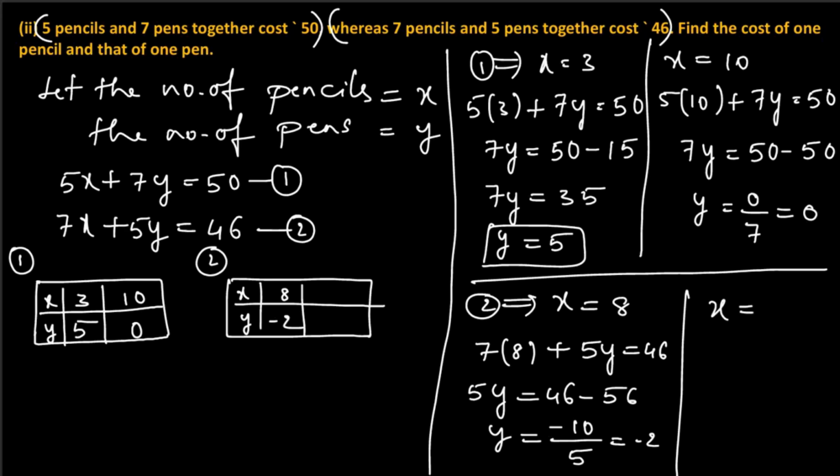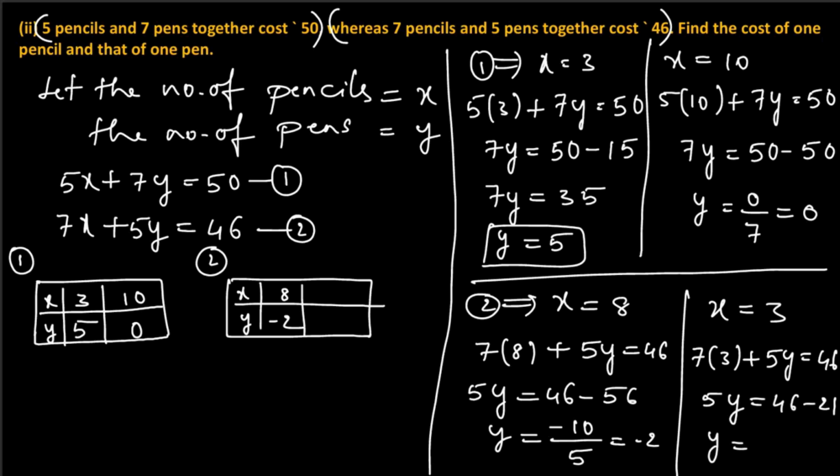When my x is equal to 3, 7 into 3 plus 5y is equal to 46. You can consider x value anything. You will get y value after substituting the x value. 5y is equal to 46 minus 7 3s are 21.